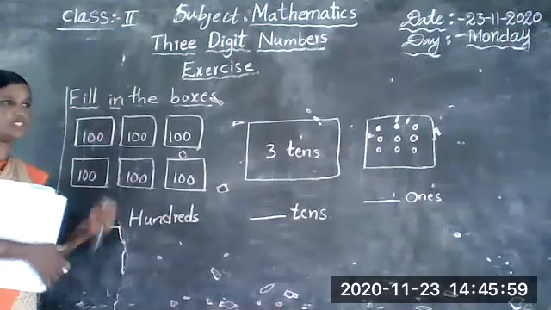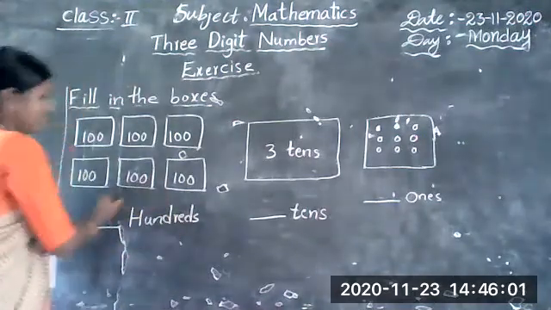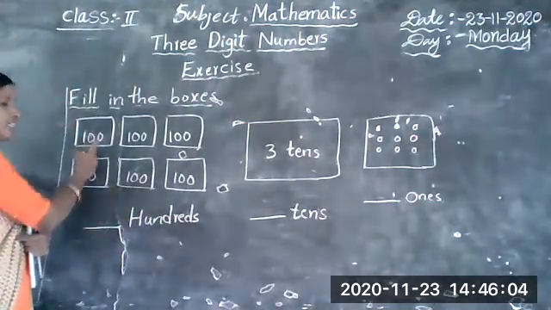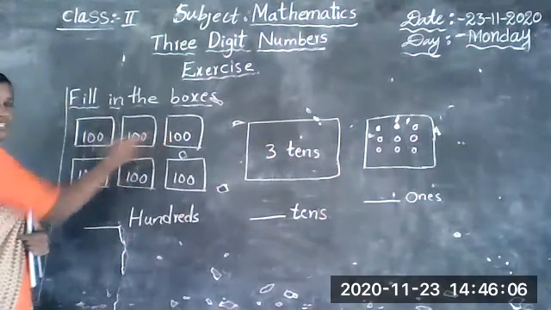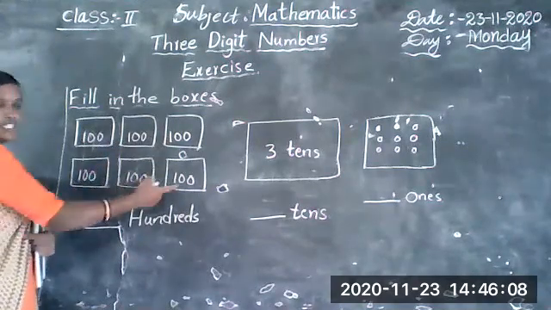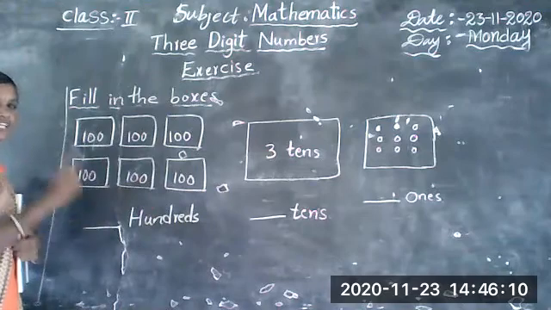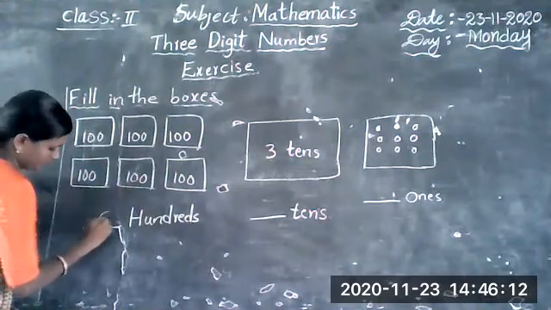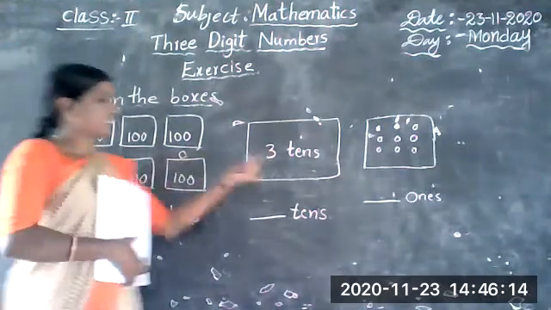Okay. Now we should write how many hundreds are there. Let's count. 100, 200, 300, 400, 500, 600. How many hundreds are there? 600. Next, 3 tens.